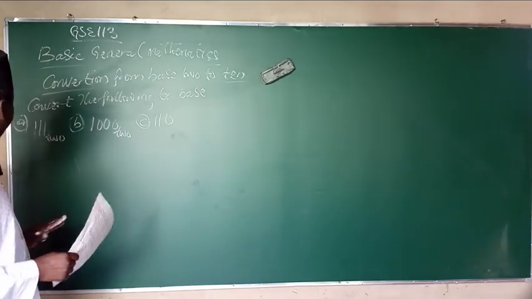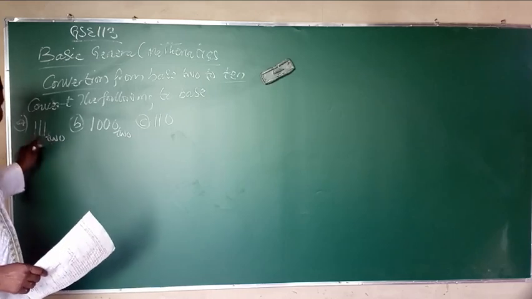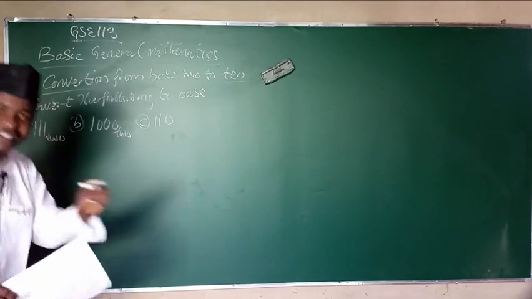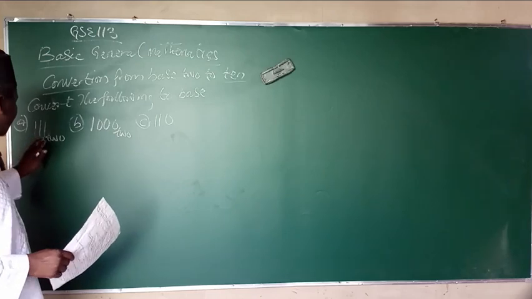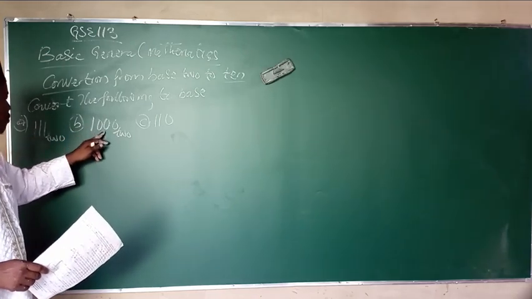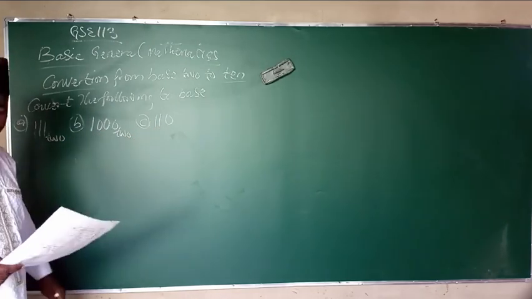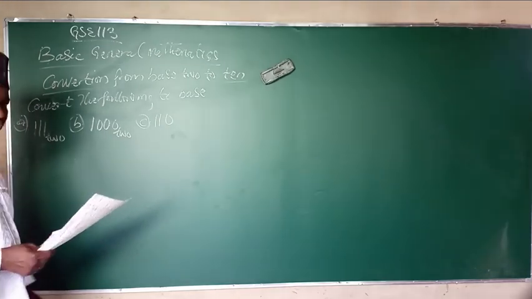So in this case, you can see that first we have 111 base 2. We cannot pronounce it as one hundred and eleven. Rather, we pronounce them one after the other: 111 base 2. B, 1000 base 2. C, 110. We're asked to convert them into what? Into base 10. They are given in base 2.